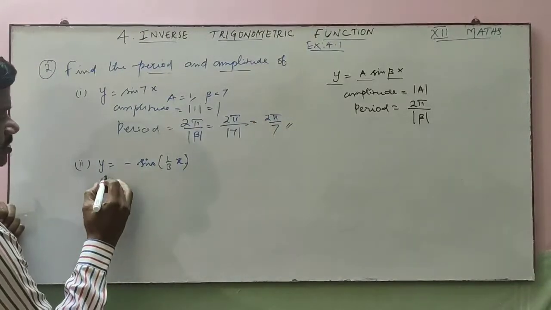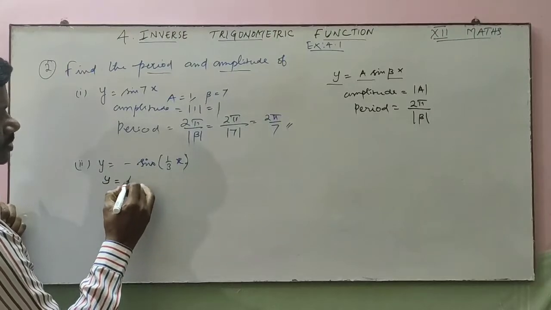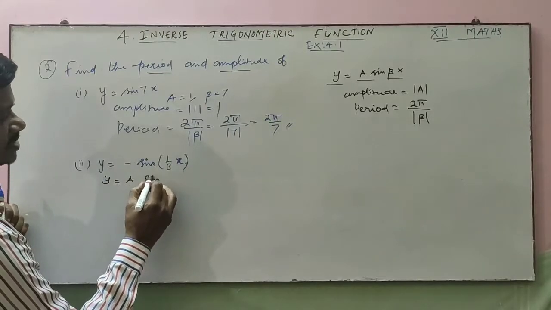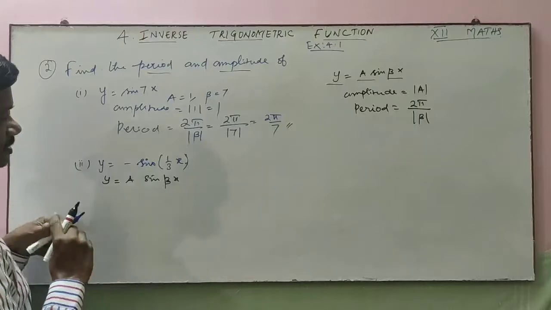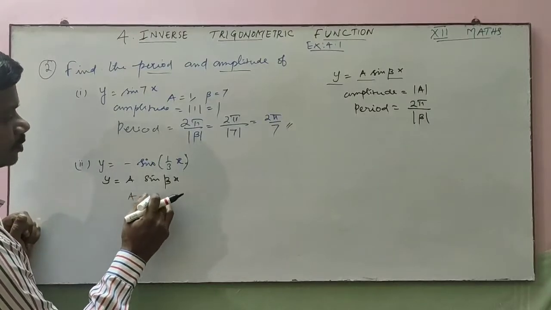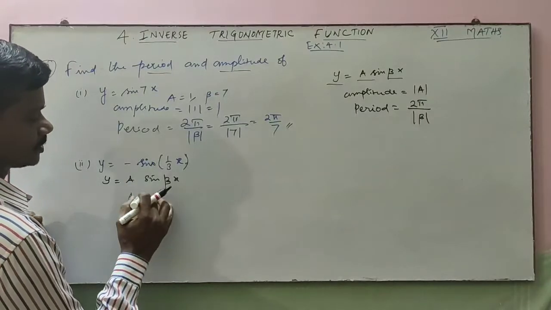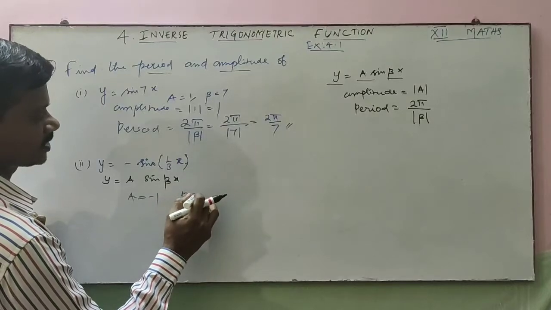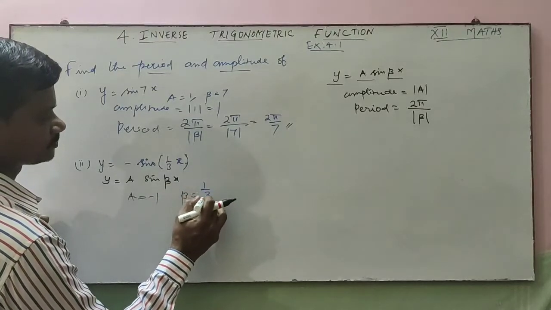Then for the second subdivision, if we compare this with y is equal to a sin beta x, in the place of a we have minus 1, and in the place of beta we have 1 by 3.